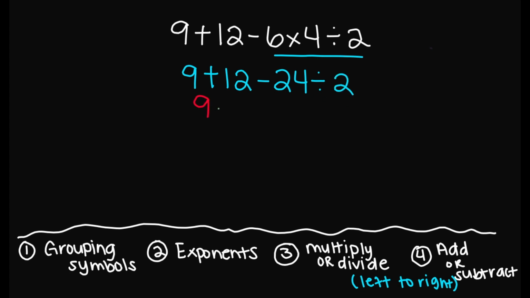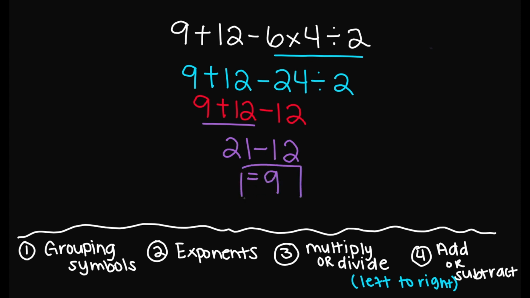So we have 9 plus 12, and then we have minus 24 divided by 2. This is going to equal 12. And now I am left with addition and subtraction. So I'm going to go 9 plus 12. This is going to equal 21. And then 21 minus 12, this is going to equal 9. So your final answer here is 9.